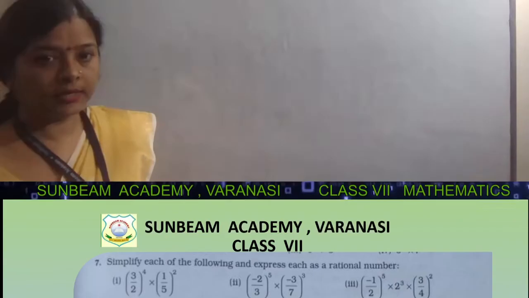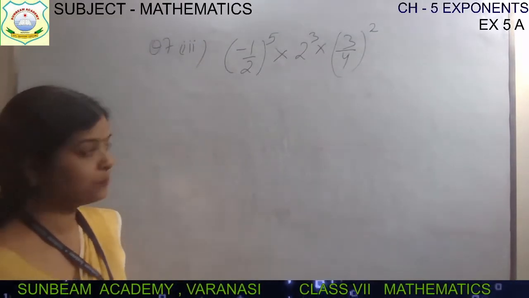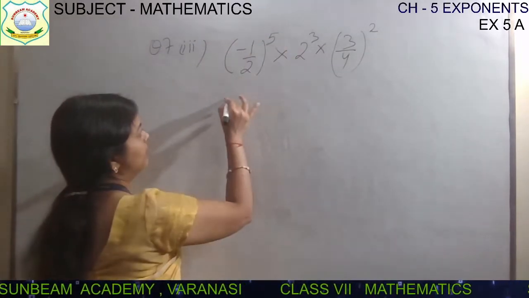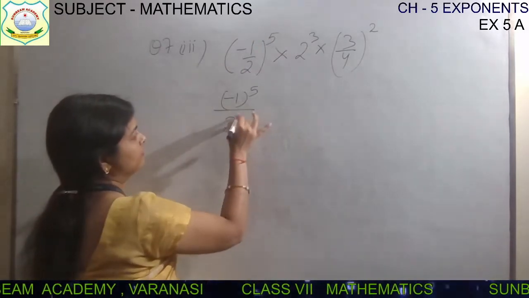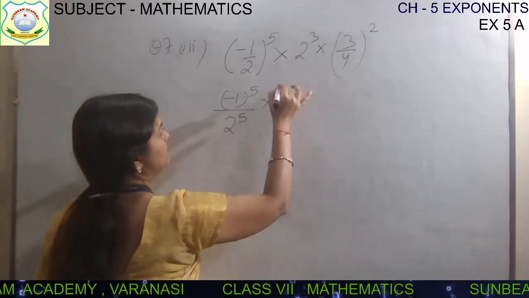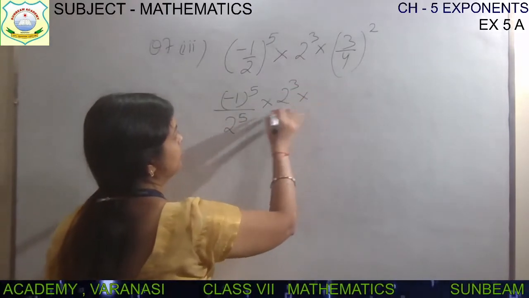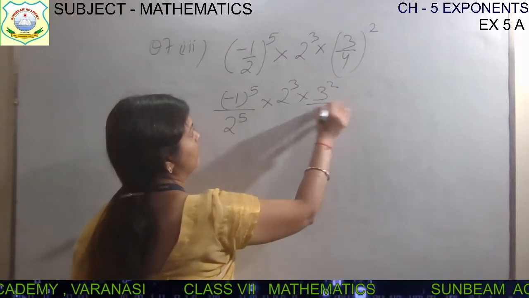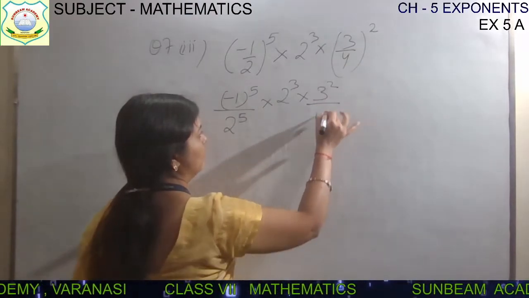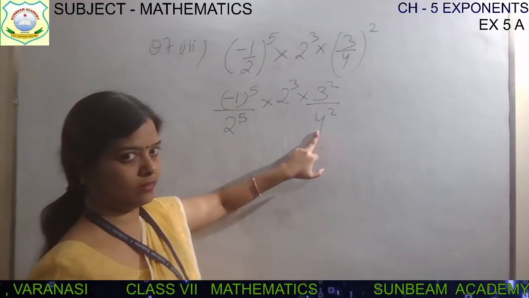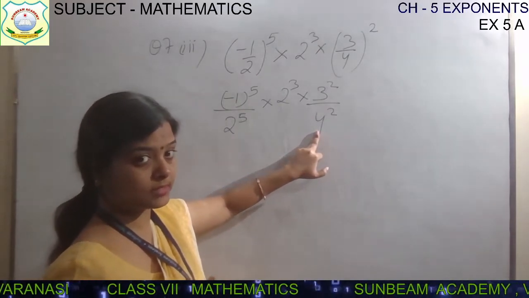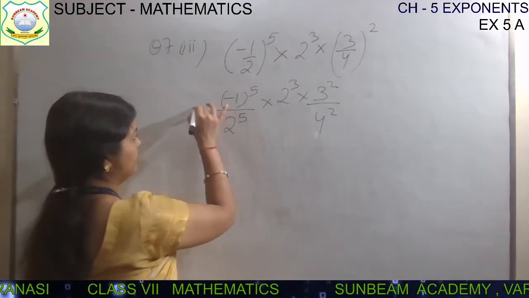See, here we can apply the law. Let's see how. This is minus 1 to the power 5 divided by 2 to the power 5 into 2 to the power 3 into 3 squared divided by 4 squared. 4 can be written as 2 squared. Look here, this is now the logic.